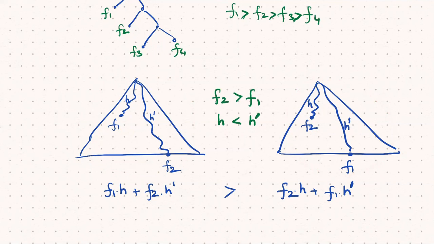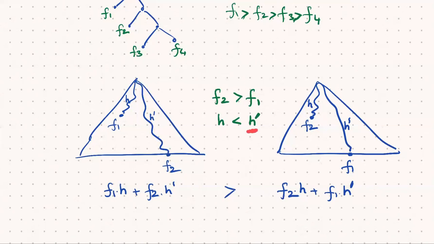So what we're essentially saying is if we have two symbols such that the frequency of the second symbol is greater than the frequency of the first symbol, right? If we have these two symbols such that this frequency is greater than this frequency, but the symbol with the greater frequency occurs lower in the tree, right?